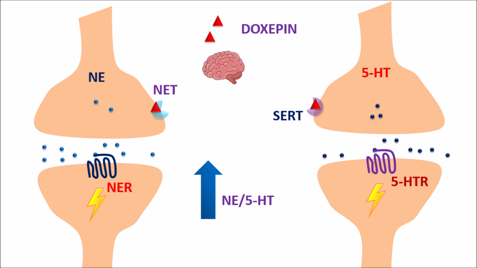But apart from these actions, the action of Doxepin on H1 receptors, adrenergic and muscarinic receptors may also play an important role. Particularly, the induction of sleep may be attributed to the antagonistic action of Doxepin on H1 receptors. Even though the exact mechanism is not clear, all these may add to reduce the symptoms of depression as well as insomnia.